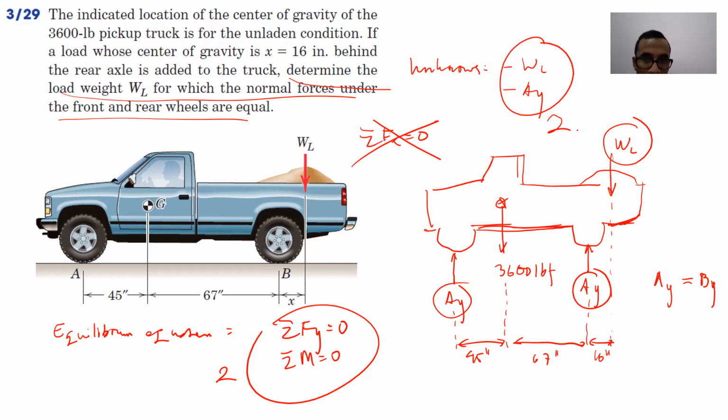This is one of the easiest ways to do it. How to choose the center of rotation for sigma moment? Try to choose the center of rotation in which you will eliminate as many unknown variables as possible.